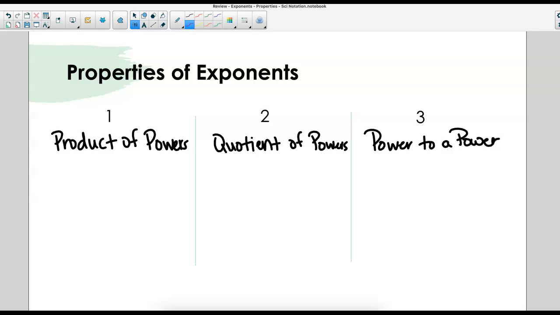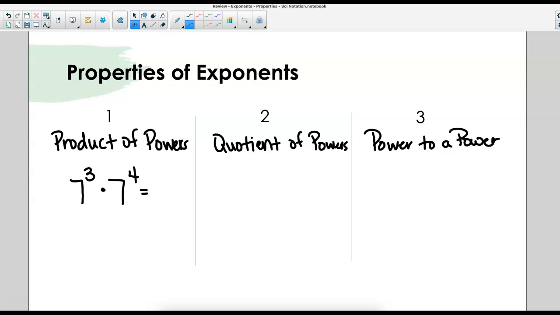Last week, Tuesday. Okay. For product of powers, that was problems that looked like this: 7 to the third power times 7 to the fourth power. Our goal was to write them as 1 power.